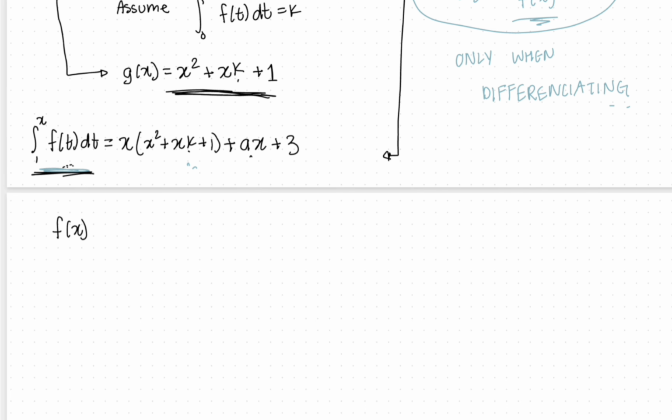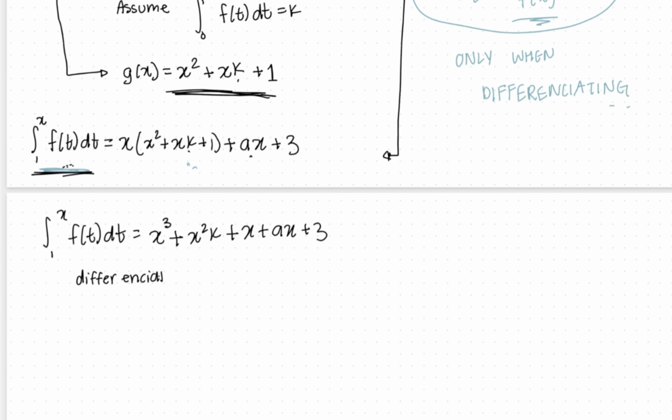So we get f of x is equal to, we should have probably simplified this first. So let's expand this, so we get x cubed plus x squared k plus x plus ax plus 3.